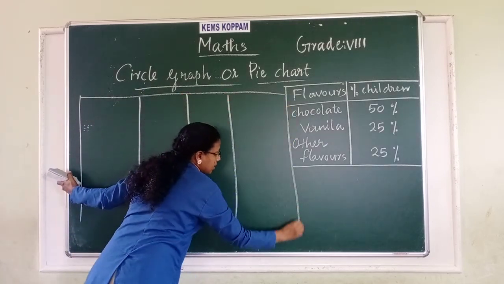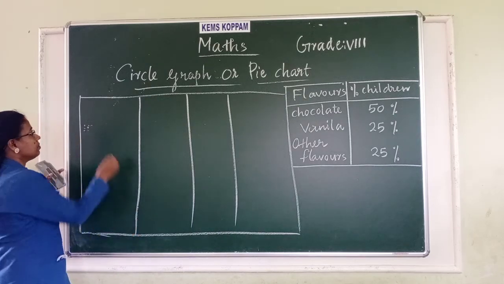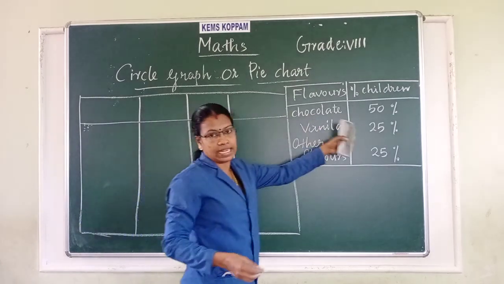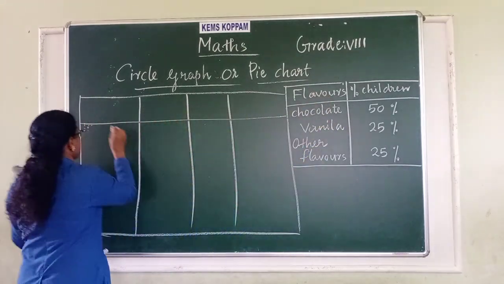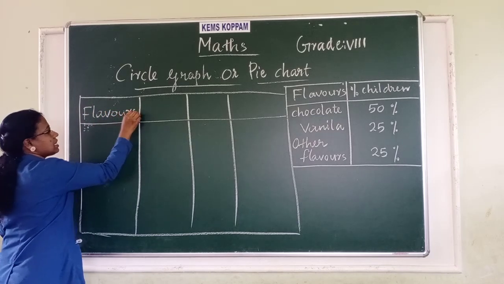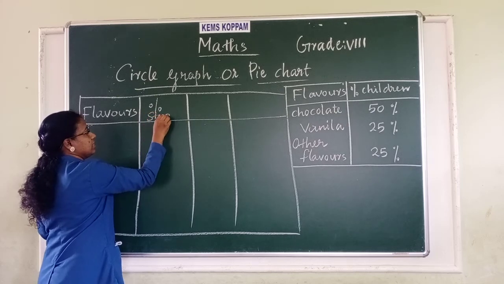Now name each column. The first and second columns are the given data. The first column is flavors, and the second column is percentage of students.